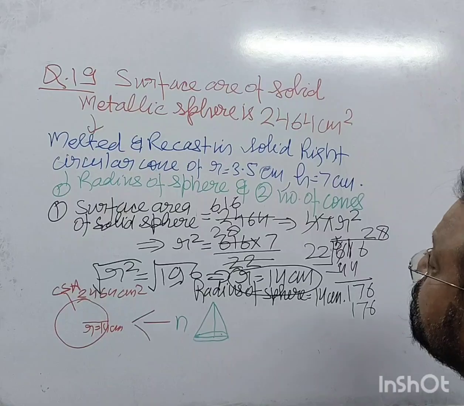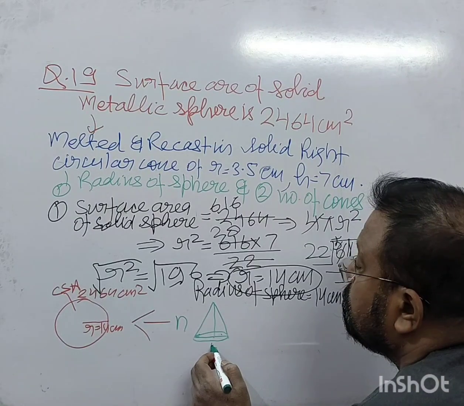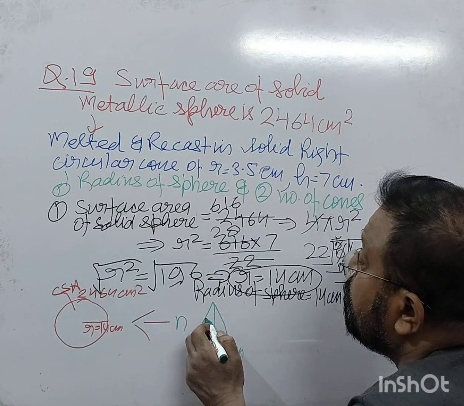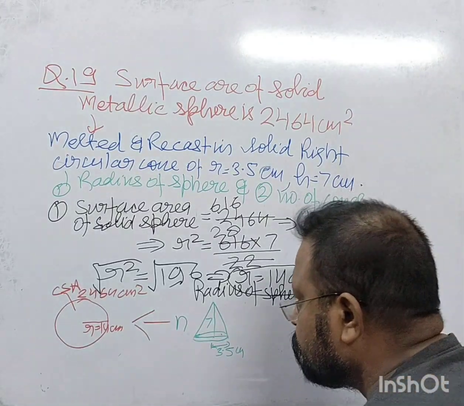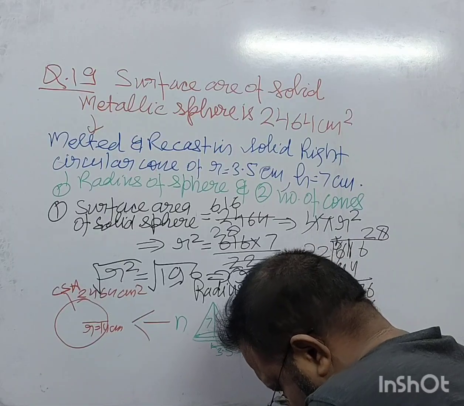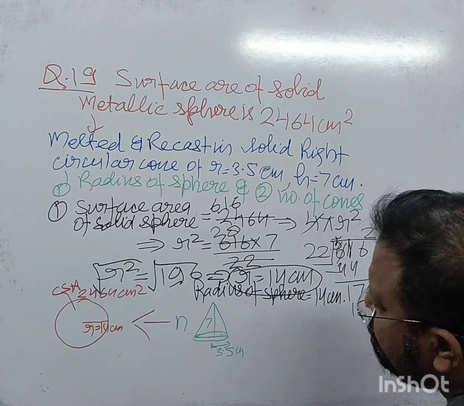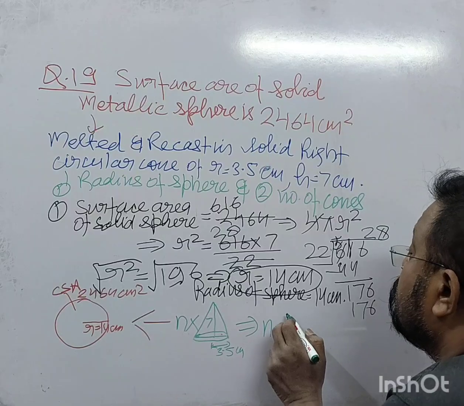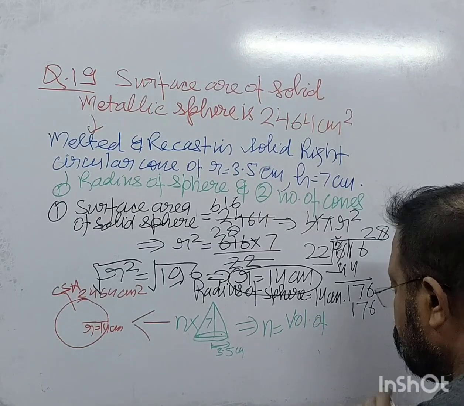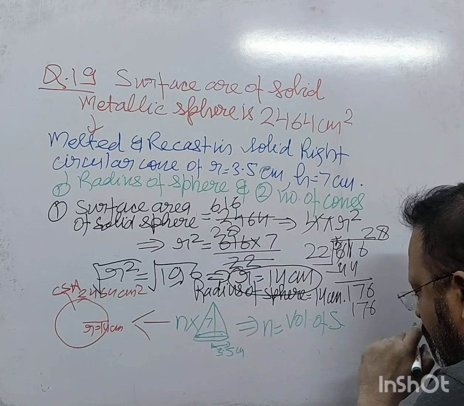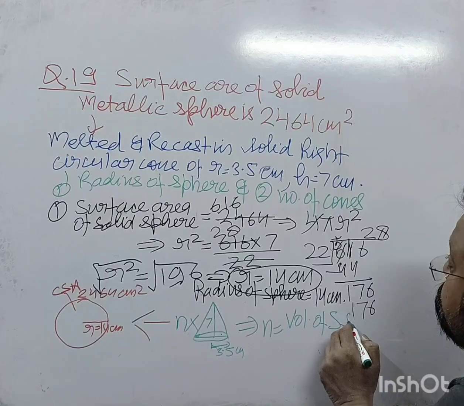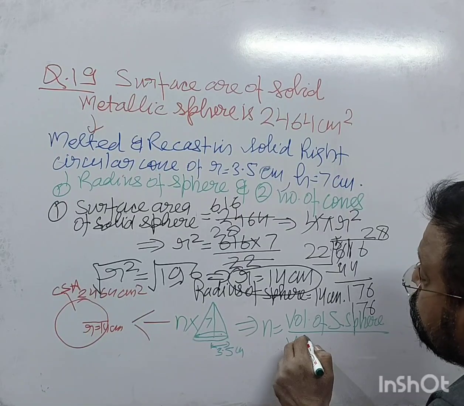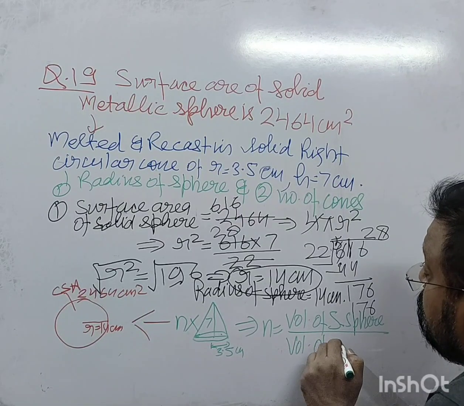The radius is 3.5 and height is 7. So n is equal to volume of solid sphere upon volume of a cone.